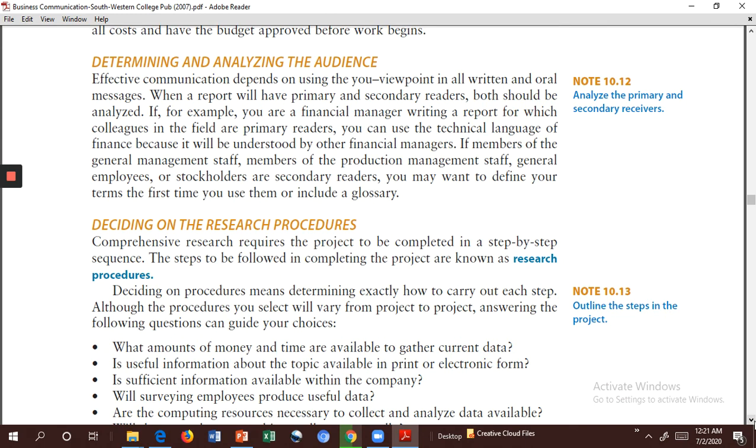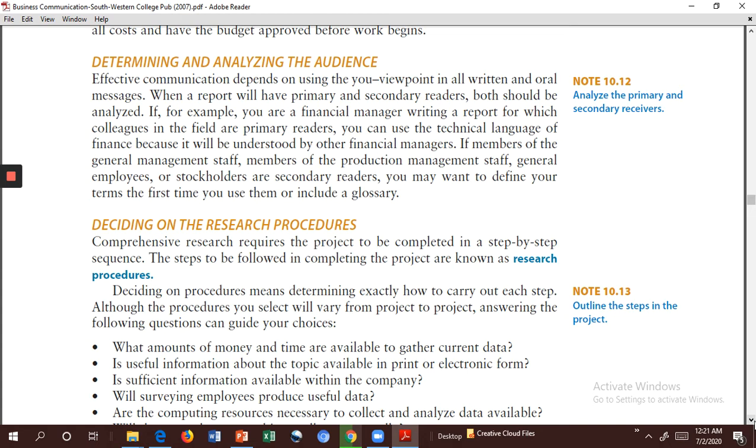Determining and analyzing the audience: you need to figure out who the people are who can be considered primary readers, and who the people are who would be secondary receivers or readers. So, for example, if your report is related to financial matters, the people in the finance department are the primary readers or receivers, okay?